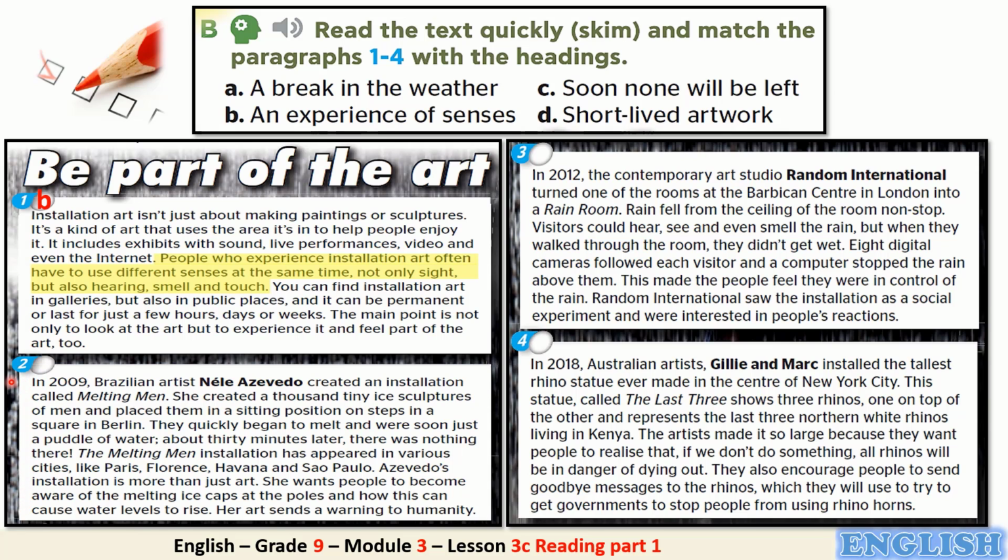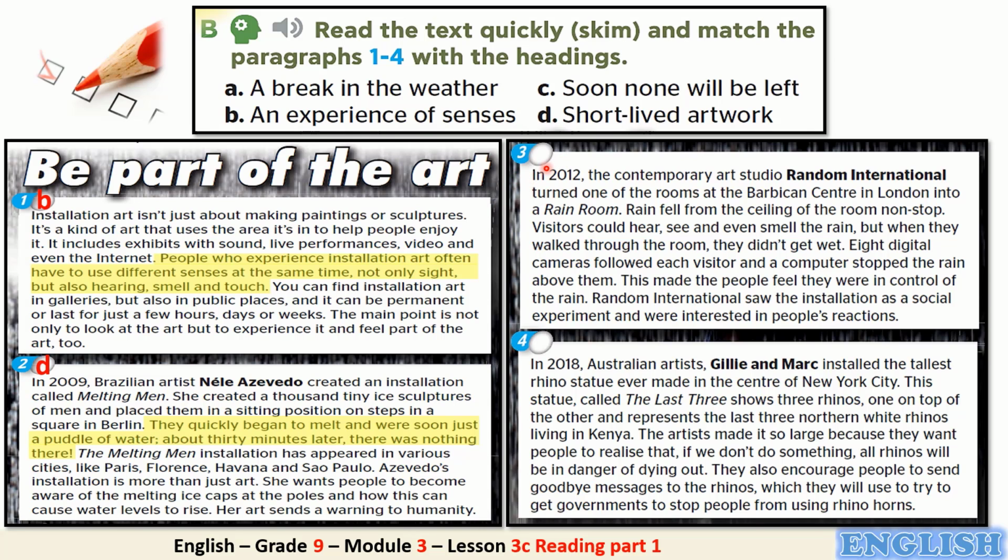Look at paragraph number 2. What is the suitable heading? Very good, my students. It's D, short-lived artwork. Can you find a clue to justify this answer? That's right. It's here in this part. Paragraph number 3.